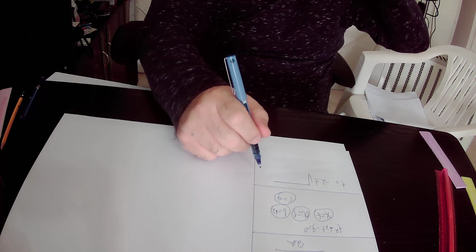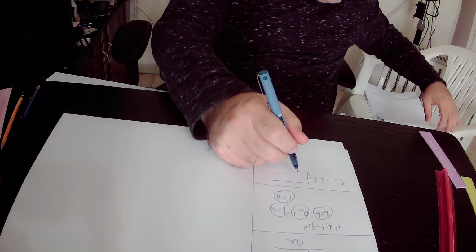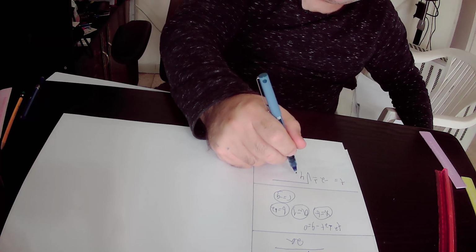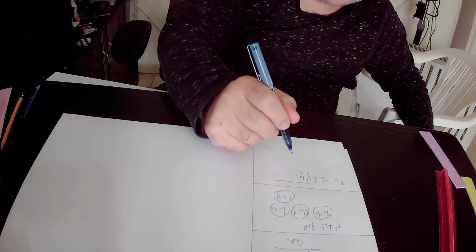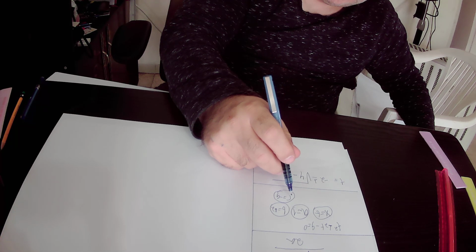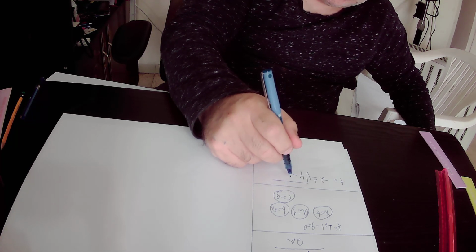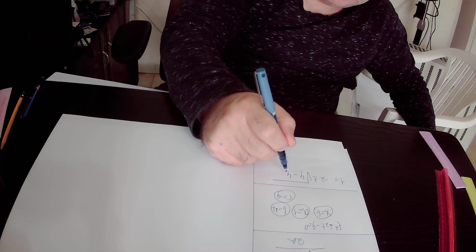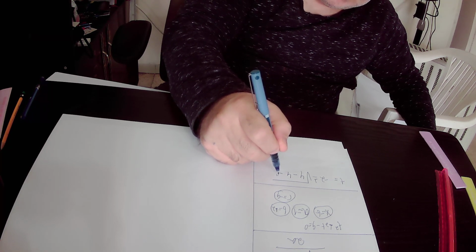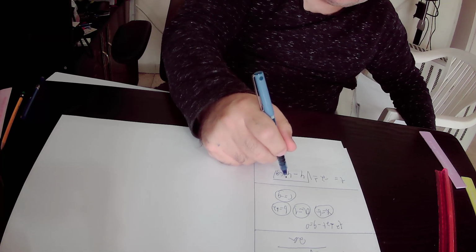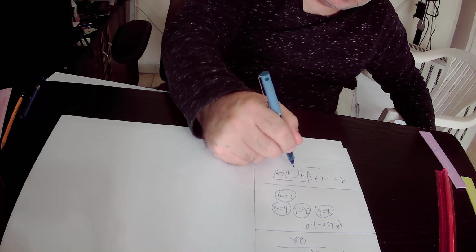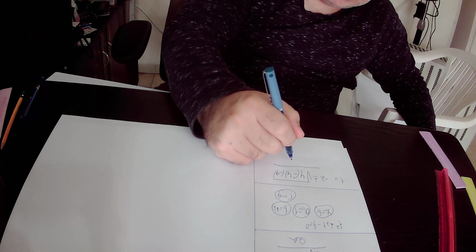B is 2, so b squared is 2 squared. 2 squared is 4, minus 4 times a times c. A is 1, so minus 4 times 1 is minus 4, times c is minus 9, so it is minus 4 times minus 9, over 2a. A is 1, so 2 times 1 is 2.